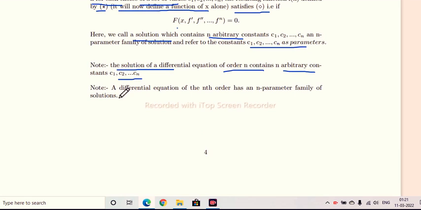Next, note that a differential equation of the nth order has an n-parameter family of solutions. We discuss this further in formation of differential equations, the rule of forming differential equations, and understanding all these concepts we discuss here.